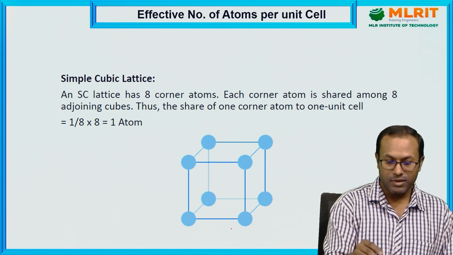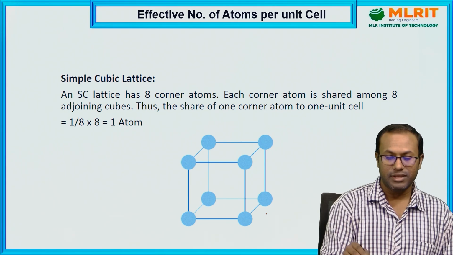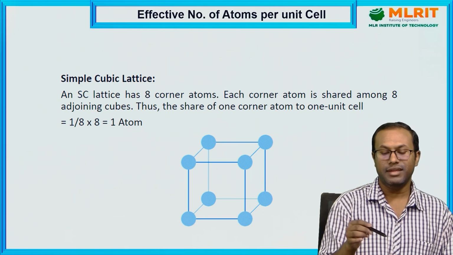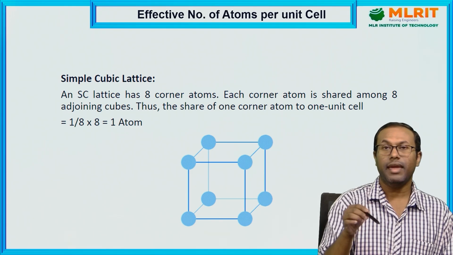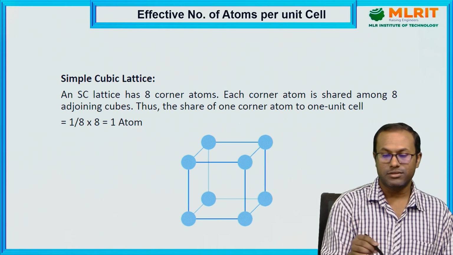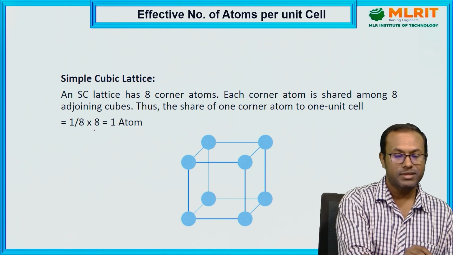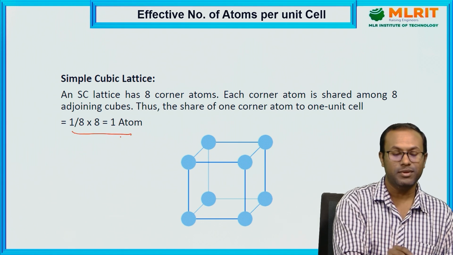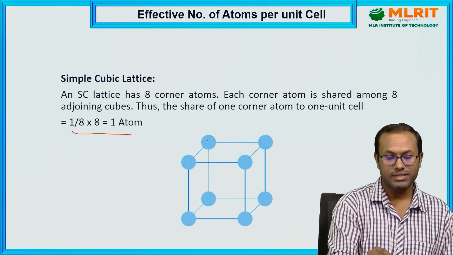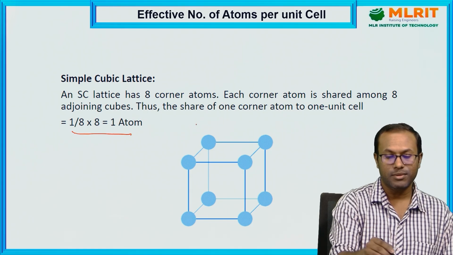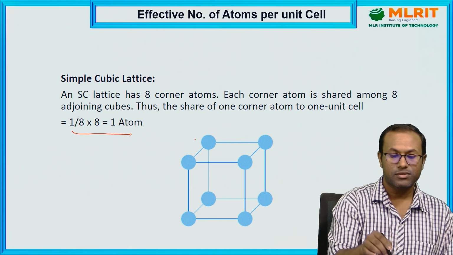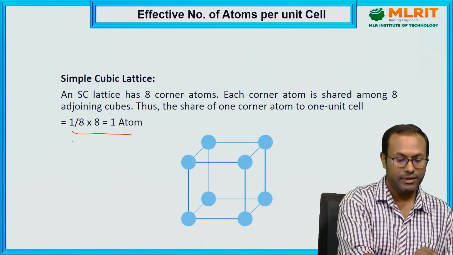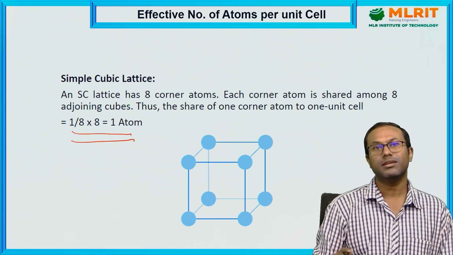In simple cubic there are 8 corner atoms, and each of these atoms is shared by 8 consecutive cubes. So the effective number of atoms in simple cubic is 1.